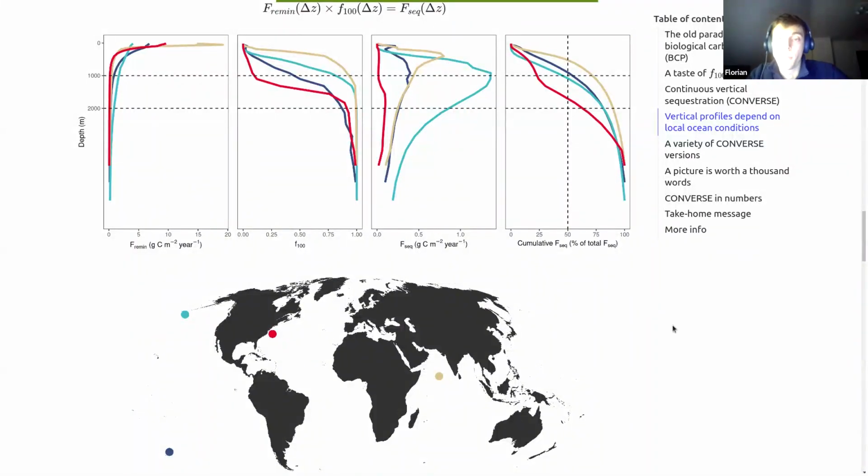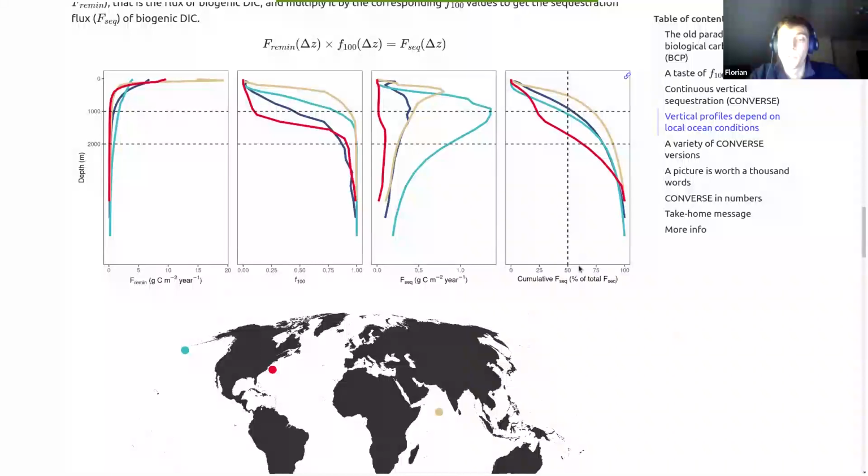And so you see that if you compute the percentage of total sequestration, you already reach 50% of the total sequestration at a given pixel for the water column before reaching the depth of 1000 meters. So it would imply that if you think about sequestration as only occurring below 1,000 meters, you would miss quite a bit of the sequestration flux.